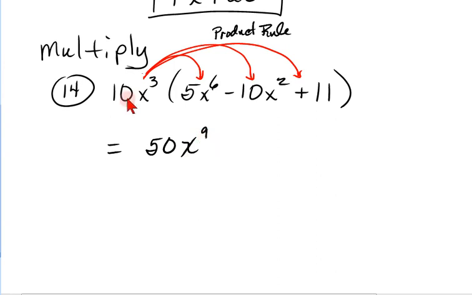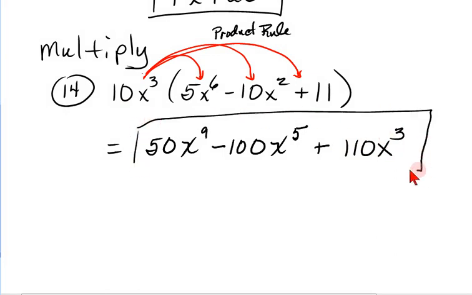Then I multiply 10 times negative 10 for negative 100, x to the, what power? 3 plus 2, 5. And then finally, 10 times 11 is 110. I don't have any x's there, so I just keep x to the third. Distributive property is a form of multiplication, and it tells you to add the exponents. Is that okay?